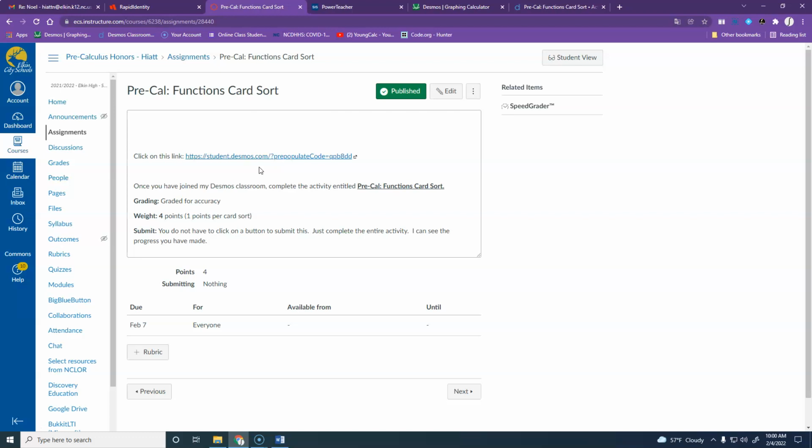Is it working? Yes, that one is homework. Yes, that very last one. Okay, it's got it on there. Okay, good.